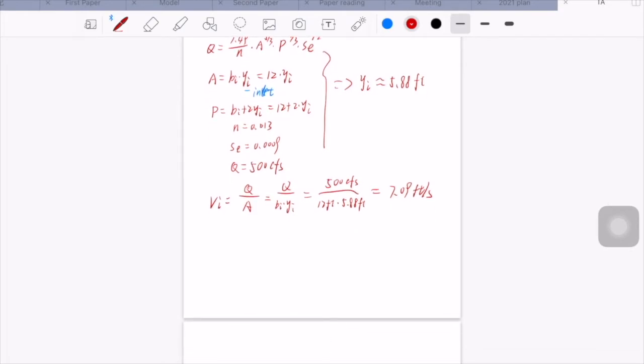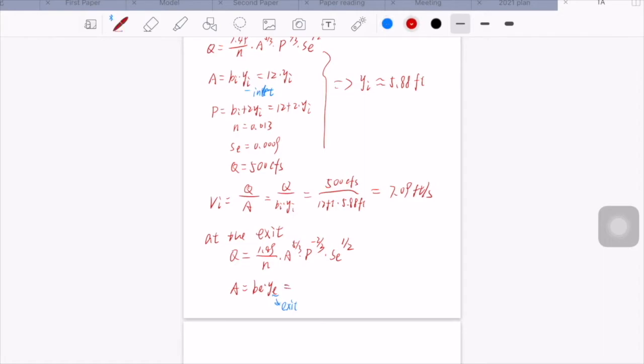We can also apply Manning's equation at the exit. Q equals 1.49 over n times A to the power of 5 over 3 times P to the power of negative 2 over 3 times S_E to the power of 1 over 2. And A equals b_E times y_E, where E means the exit.